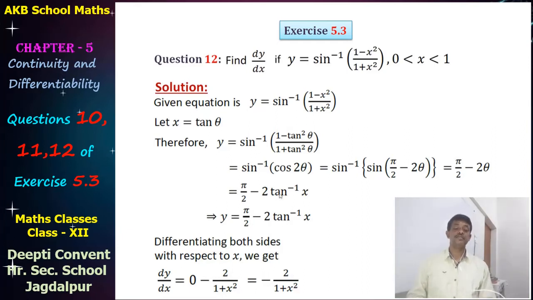Only here we have to use trigonometric formula substitution, and using the concept of inverse trigonometry by cancelling, simplify the value of y, simply differentiate, and then you can get the value of the derivative. Okay, so revise all the formulas. This was the solution of question 12.